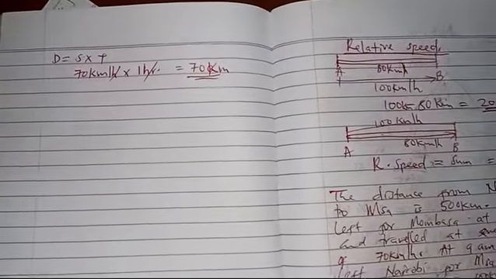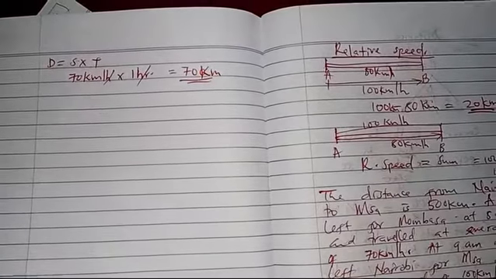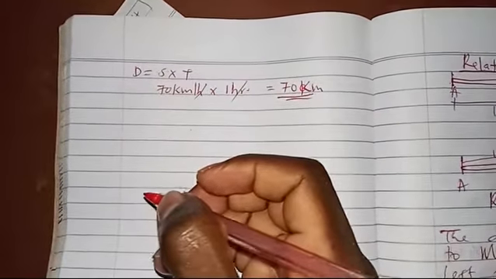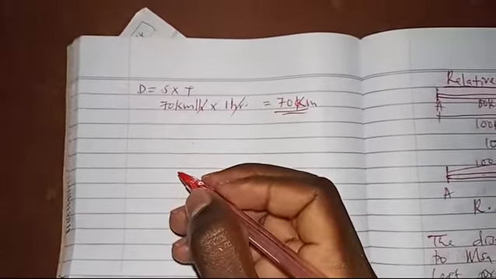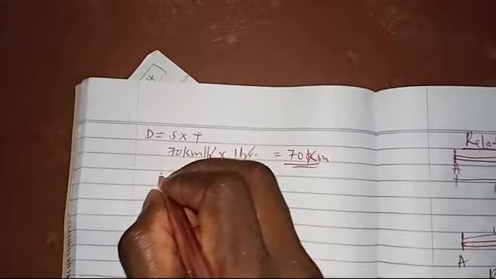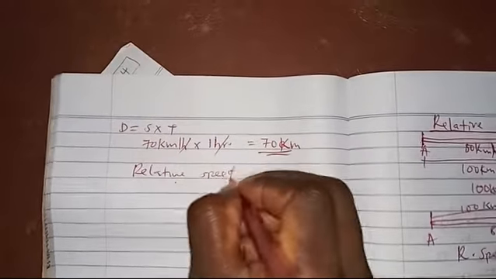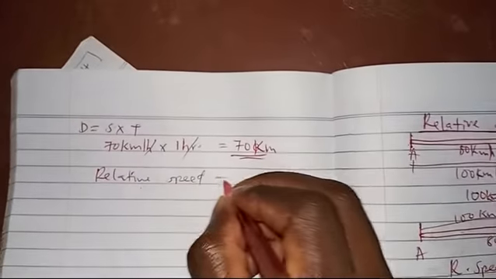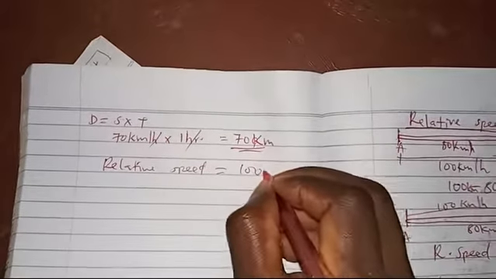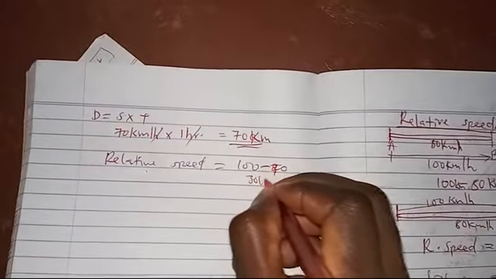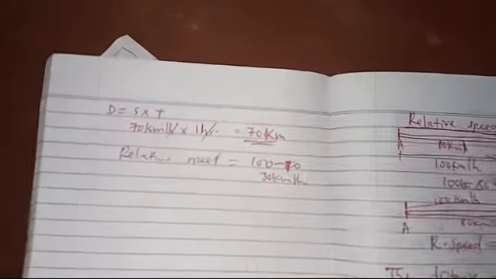Then you have to calculate the relative speed of the two bodies. Remember, they were going in the same direction, so what you normally do is take the difference. So relative speed will be equal to 100 minus 70, and you get 30 kilometers per hour.